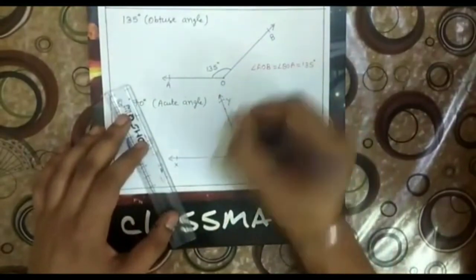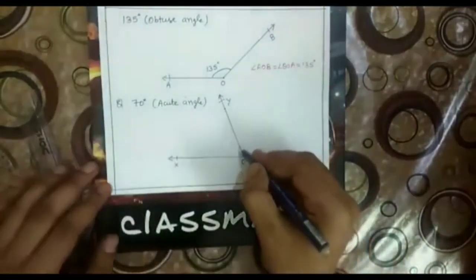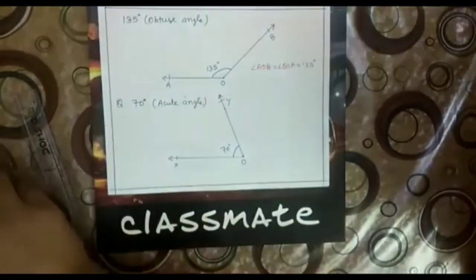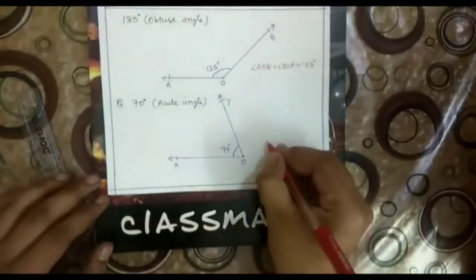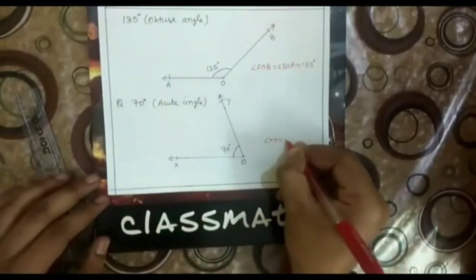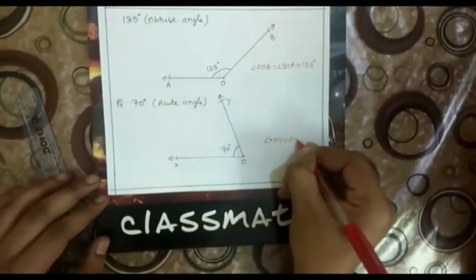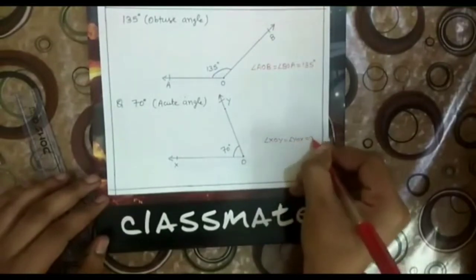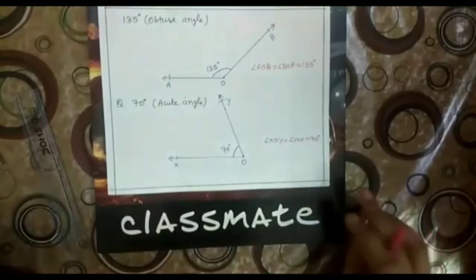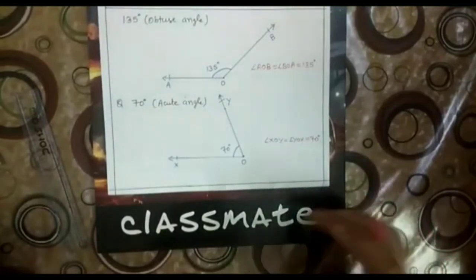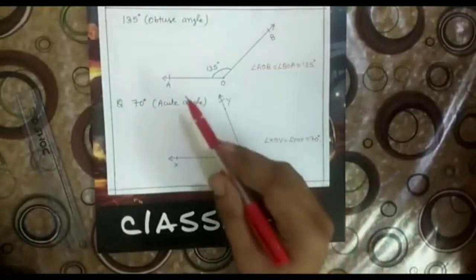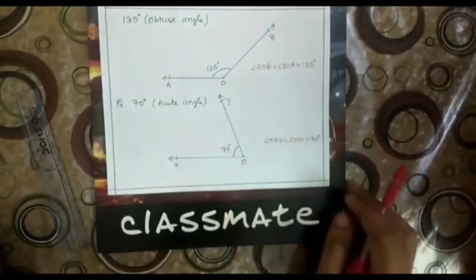This is OY. This angle will be of 70 degree. And you can write the name of this angle XOY equals to angle YOX equals to 70 degree. So this is your 70 degree angle which is acute. As you can see, the ray OY is going inside the baseline, not outside the baseline.